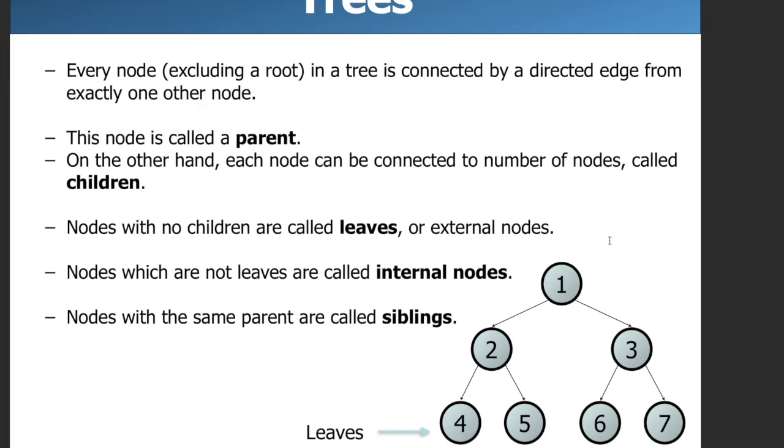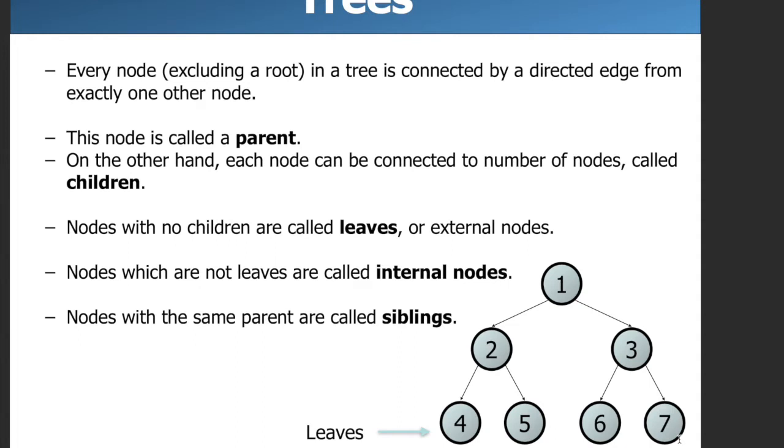A node can be a parent. For example, is number 1 a parent? Yes, because it has 2 children, node 2 and node 3. The same here, node 2 and node 3 are parents because they have children. But you can see that nodes 4, 5, 6, and 7 do not have any children.